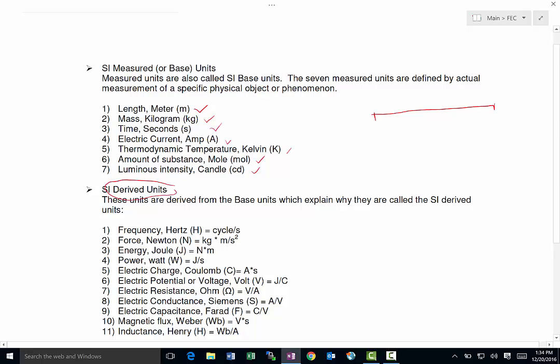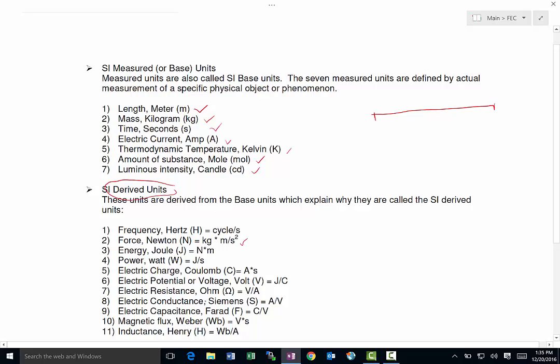As opposed to measured units, we have the derived units. Once you've decided the meter is a certain size, the kilogram is a certain size, and the second is a certain amount of time, then when you start to talk about the Newton as a measure of force, that is no longer arbitrary, it's based on those values. Instead of calling force Newton, you can call it kilogram times meter divided by second squared, but it's a little easier to call it Newton.